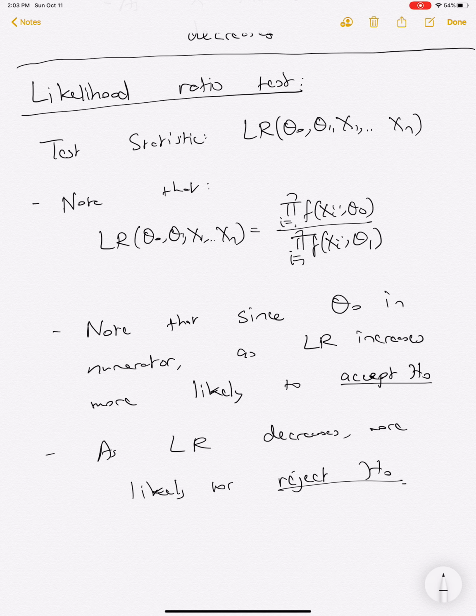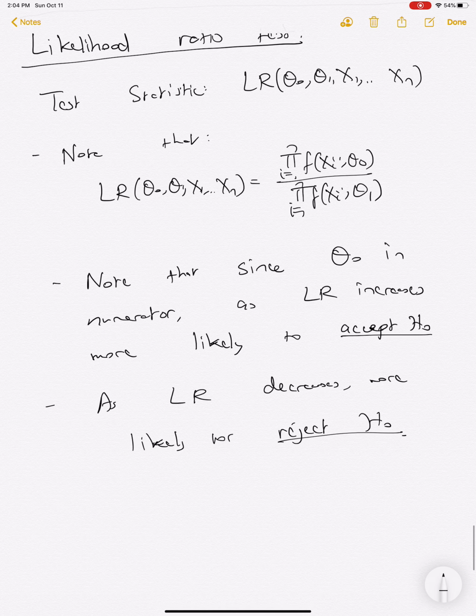Remember that the likelihood ratio is the ratio of the likelihood under theta 0 and the likelihood under theta 1. Because the numerator is the likelihood under theta 0 and the denominator is the likelihood under theta 1, you expect that if the likelihood ratio is bigger, that suggests you want to accept H0, and if the likelihood ratio decreases, then you're more likely to want to reject H0. And so this leads to the likelihood ratio test.